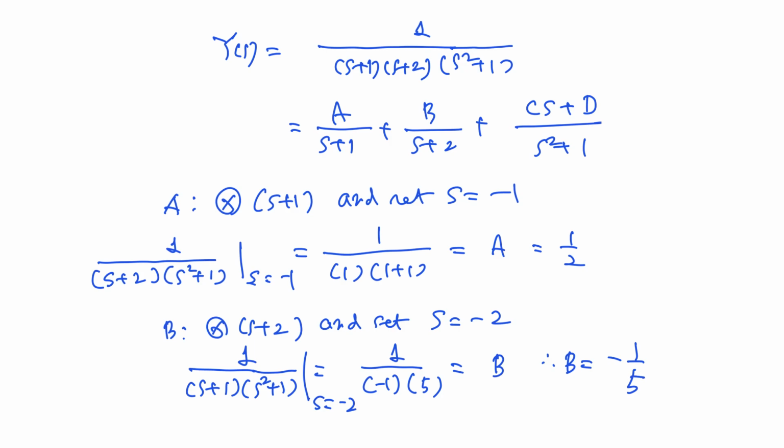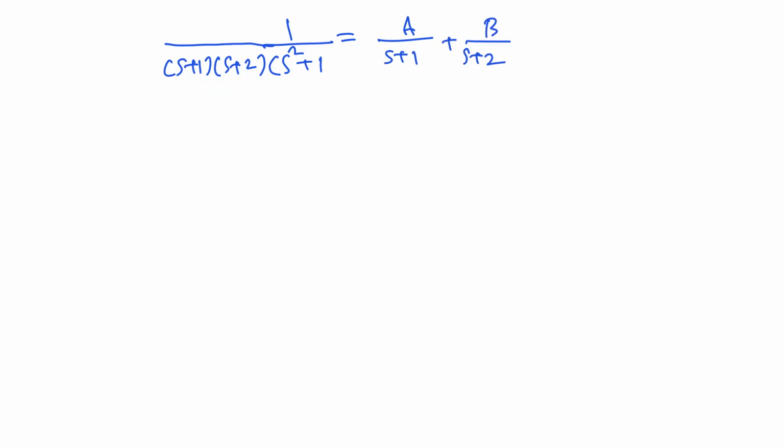Now the tricky part is finding C and D. So here's minus 1 over 5. 1 is actually A(s plus 2)(s squared plus 1) plus B(s plus 1)(s squared plus 1) plus (Cs plus D)(s plus 1)(s plus 2).